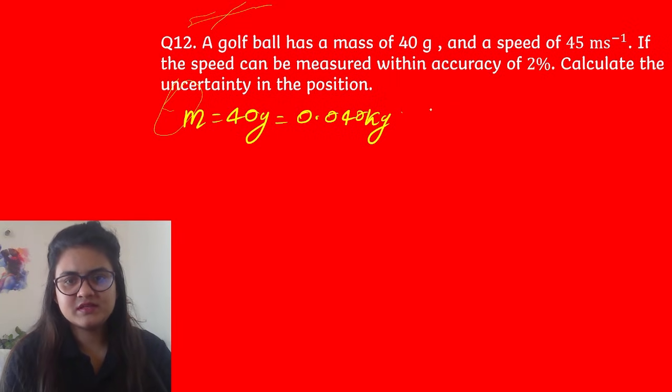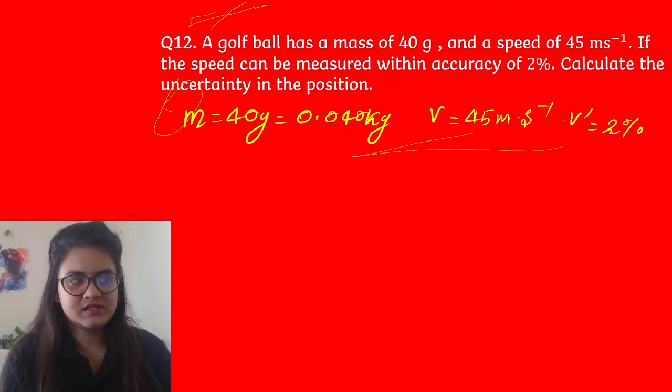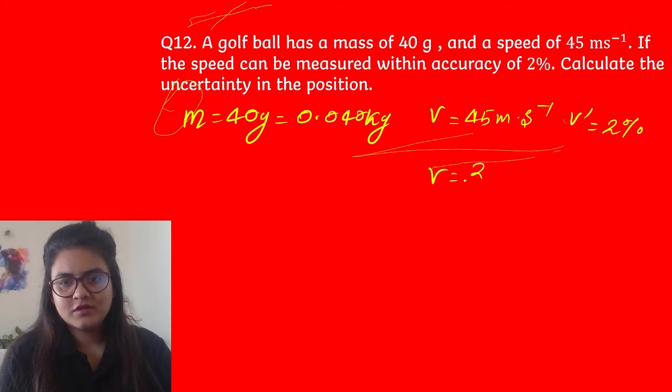Velocity is 45 meter per second. They are saying that speed can be measured within 2% accuracy. So delta v equals 2% of 45 meter per second. If you calculate this, it will come up to be 0.9 meter per second.